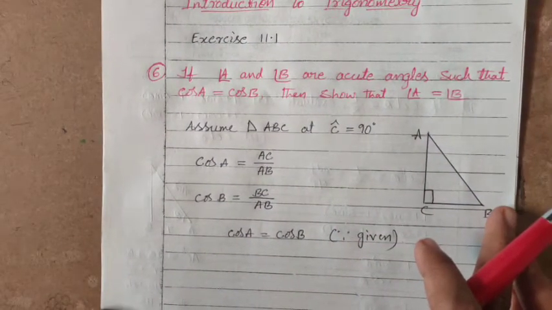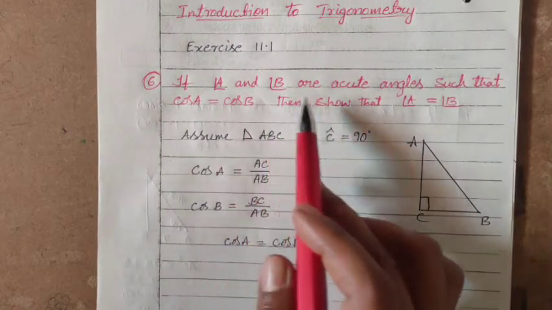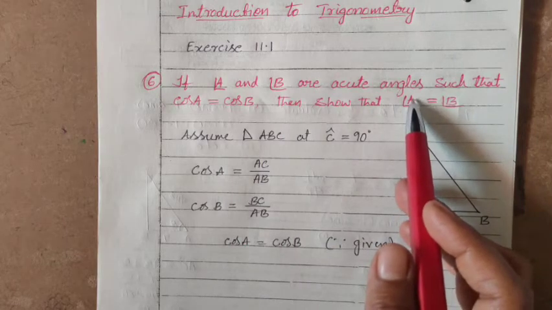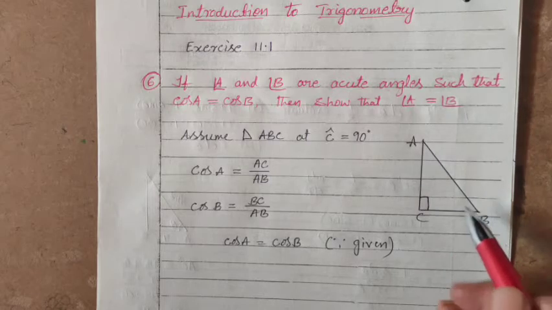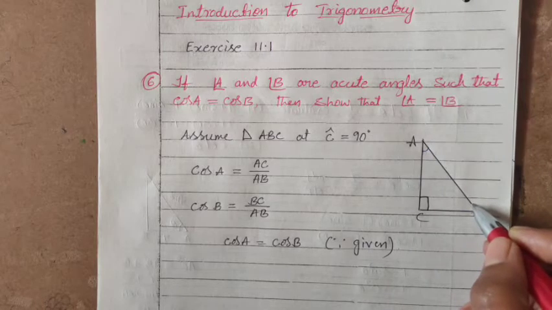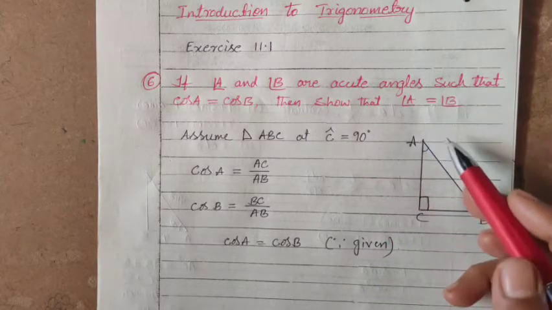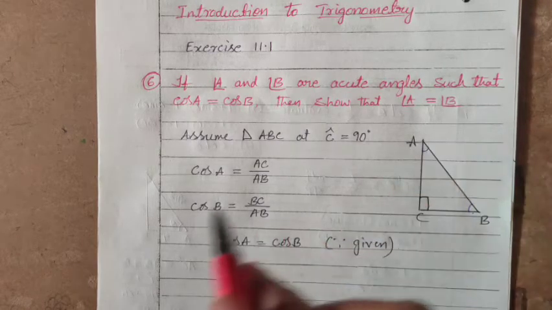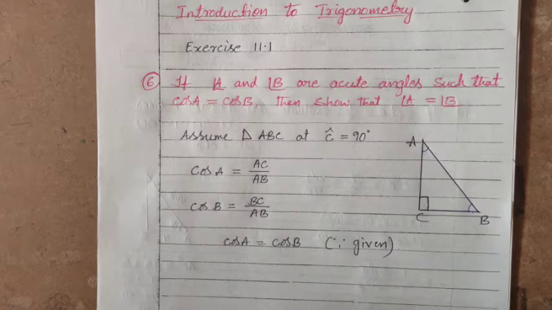I read this question once again. If angle A and B are acute angles such that cos A equal to cos B, then show that angle A equal to angle B. Whatever the question, first understand what is given in the question and what is to be found.